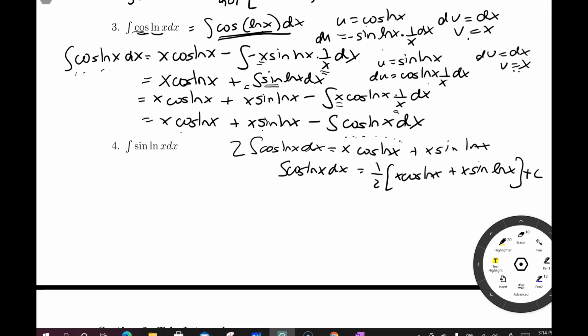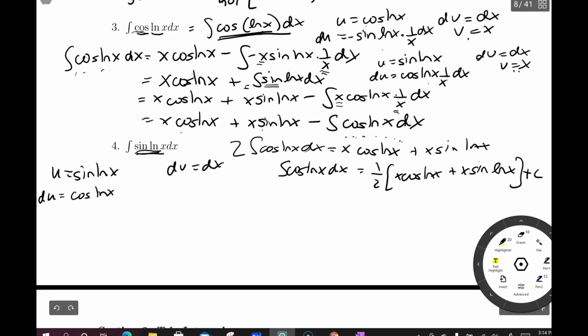Okay, this one here will be really similar. So you would start off with u equaling sine of ln of x. dv is just dx. Then again, the first crucial part is to see this as one function, and the next is to make sure that you're doing the chain rule.